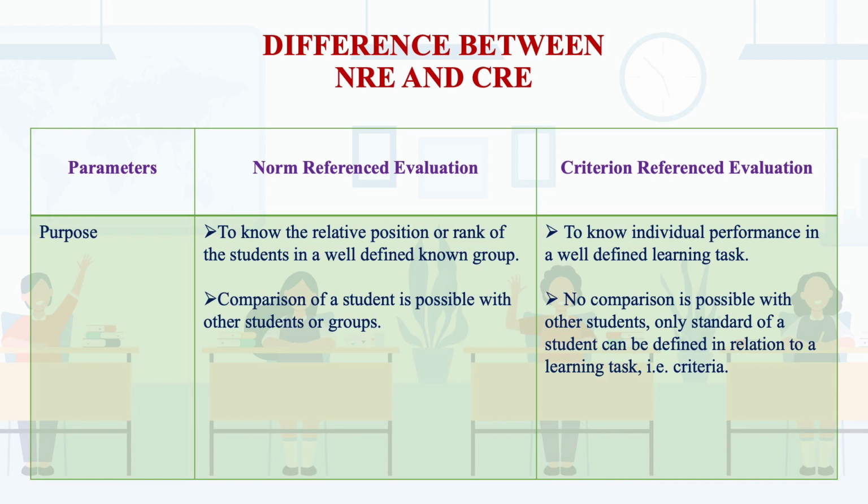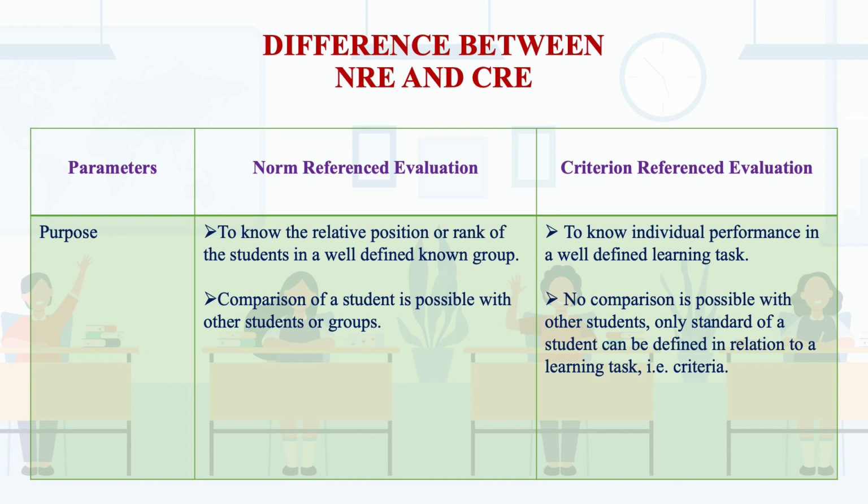Then let us go forward to discuss other differences. So far as the parameter of purpose is concerned, we conduct norm referenced evaluation to know the relative position or rank of the students in a well-defined known group. Whereas in criterion referenced evaluation, we do it to know individual performance in a well-defined learning task.